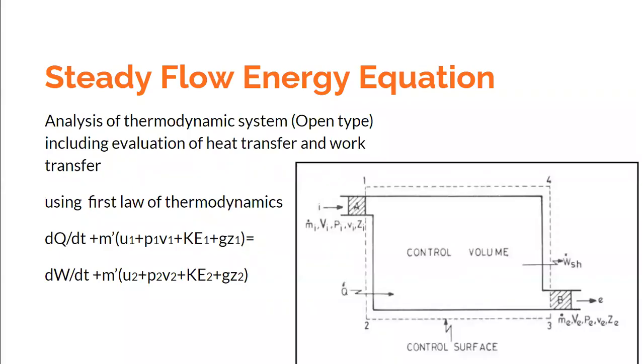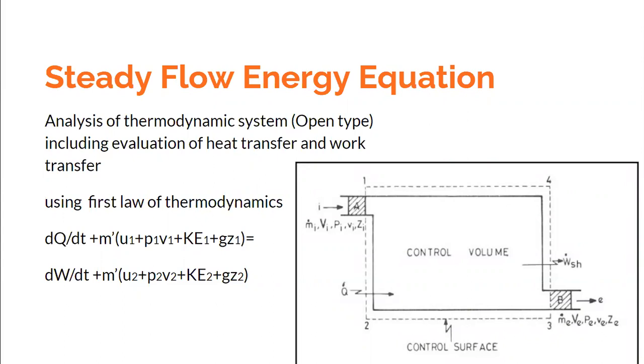As I said, the steady flow energy equation is used for analysis of an open system. Open system means that mass and energy both can enter or exit the system. We have studied the types of systems.